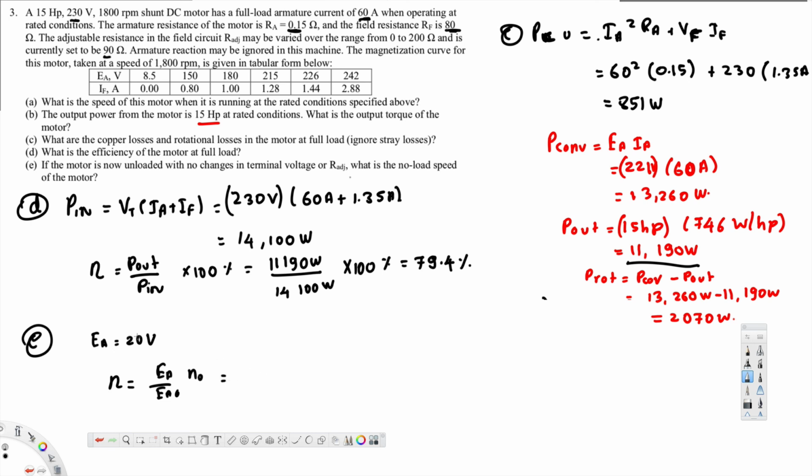Ea is 230 volts divided by Ea0. Ea0 we found out from the previous current. If you notice 1.35 from the table, that is almost 221 volts, multiplied by the rotational speed, that is 1800 revolutions per minute. If you calculate the no load speed using this formula, that will give us 1873 revolutions per minute, and that's the answer for the E part.